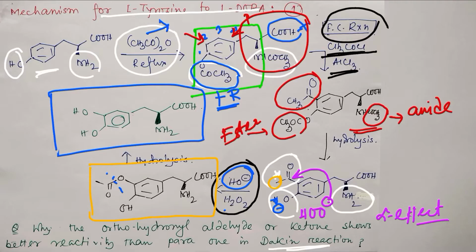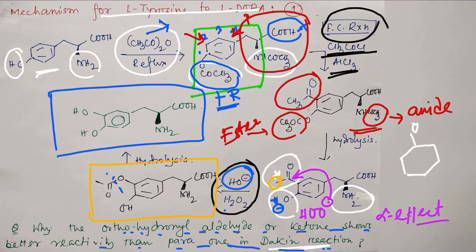Now another important question, please remember: why does the ortho-hydroxy aldehyde or ketone show better reactivity than the para-hydroxy in the Dakin reaction? You can understand this through the structure, actually hydrogen bonding.